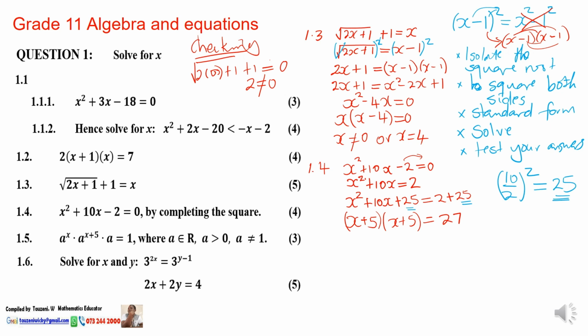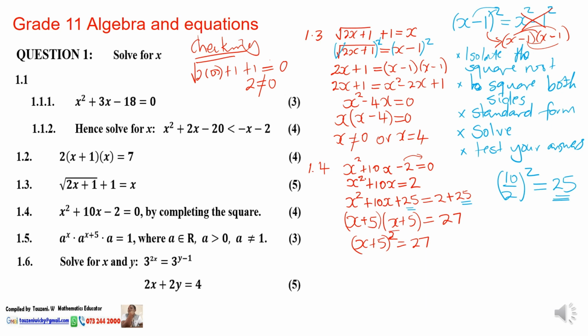We know that x plus 5 factor of x plus 5 means x plus 5 squared. This is equal to 27. Then from there, to remove these brackets, we square root both sides. Remember, to remove a square root, you square both sides. To remove a square, you square root both sides.